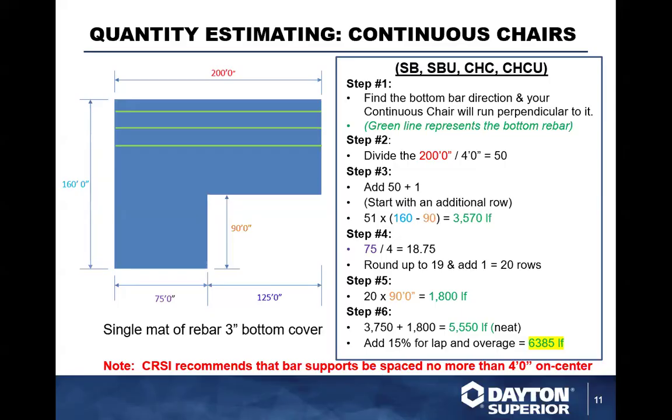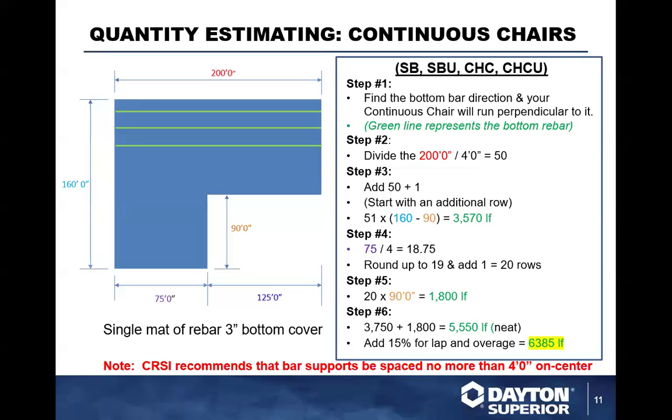going to run transversely. So with that being said, we're going to take our 75 foot divided by 4, give you 18.75. Round it up to 19 because you just can't leave that 1 foot hanging out. And you're always going to want to start with one.